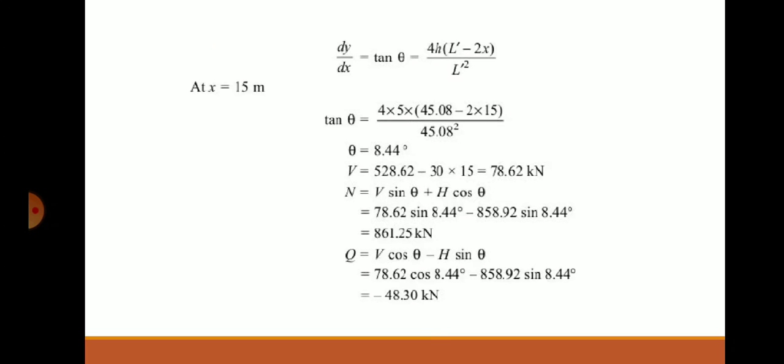Then normal thrust is V sin theta plus H cos theta. Q is V cos theta minus H sin theta. Substitute with the terms, theta will be known. So, with that you have evaluated bending moment, normal thrust and radial shear at point D at a distance 15 meter from the left support.